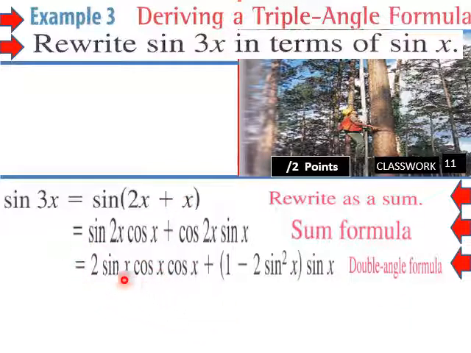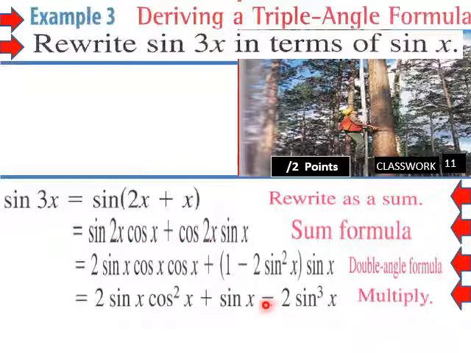And then this will equal 2 sine x cosine x plus 1 minus 2 sine squared x times sine x. Here is our double angle formula that we plug in, because these are double angles.